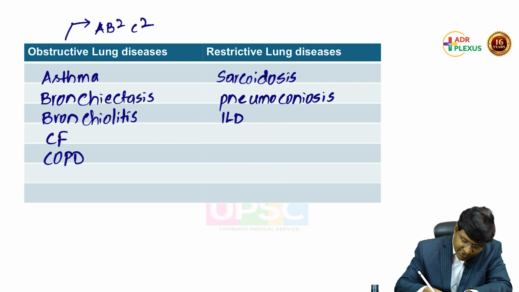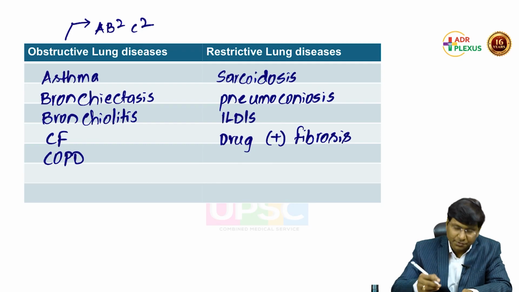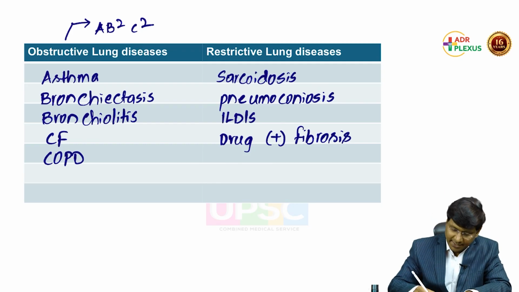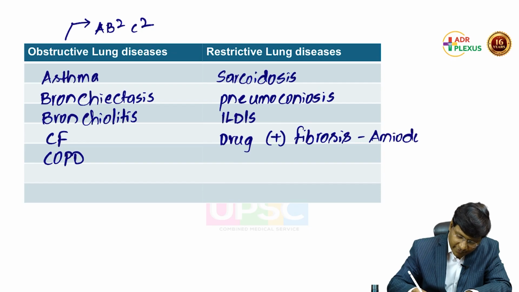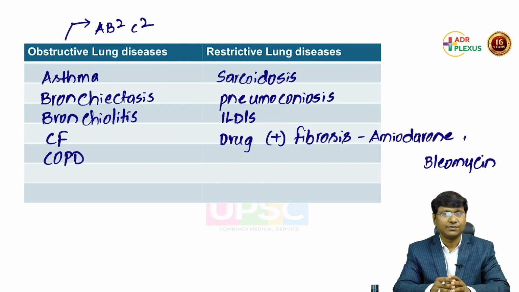Then interstitial lung disease, and next what we have is drug-induced fibrosis of the lung. The drugs that will induce fibrosis are the important drugs like amiodarone, right? And the next important drug will be bleomycin. So these are the pulmonary pathologies which will be causing restrictive lung diseases.